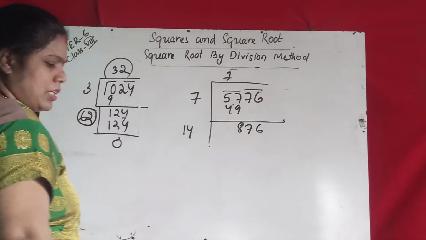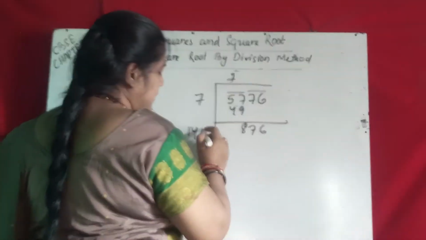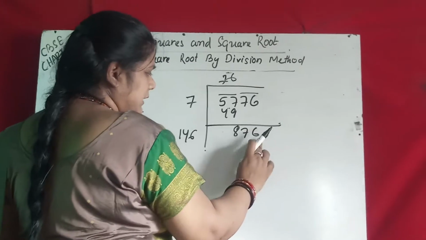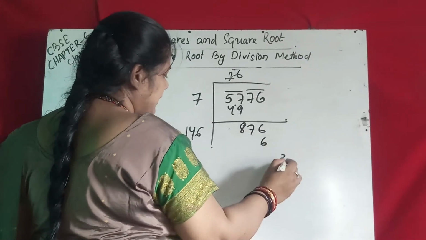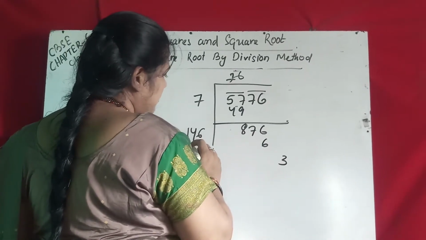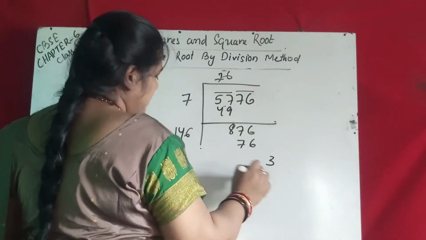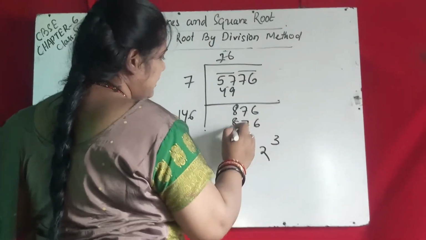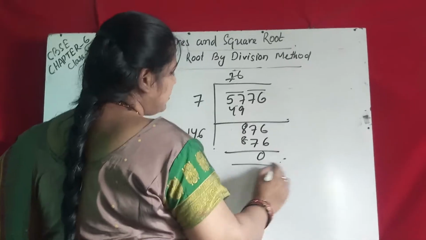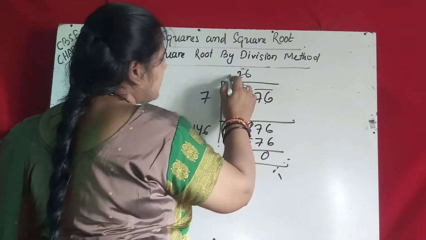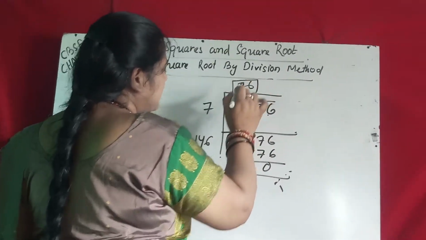Now how much? Suppose we try 6. 6 6 is 36. 6 4 is 24. Then remainder 0. So 5776 is a perfect square, and its answer is 76.